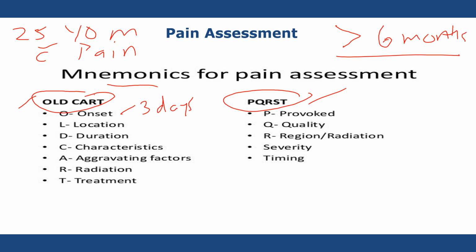All right, then the second is location. As we know, location is important. Pain in the chest area is different, especially from the pathophysiology standpoint and the management, versus appendix pain.